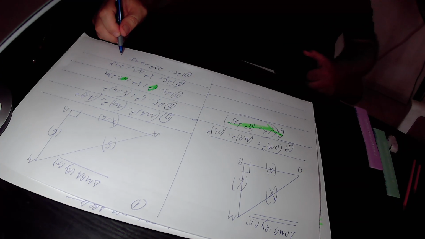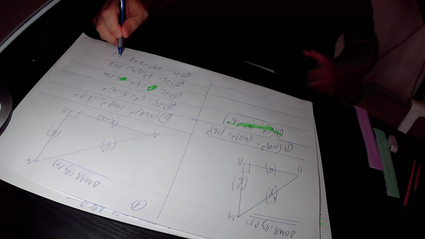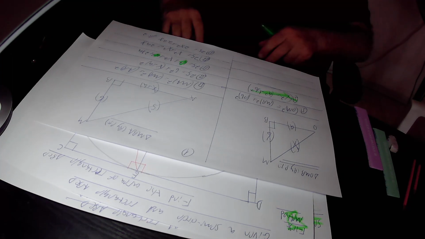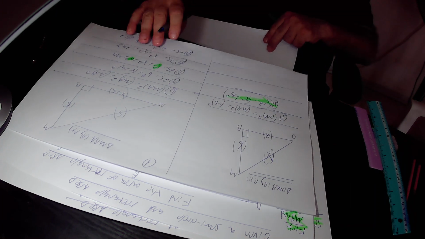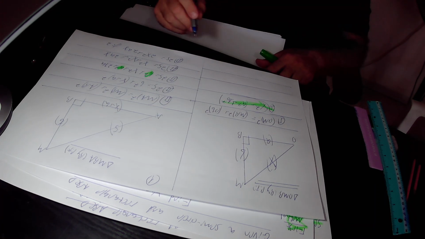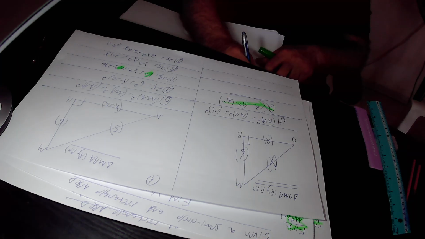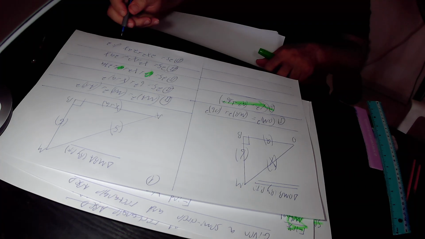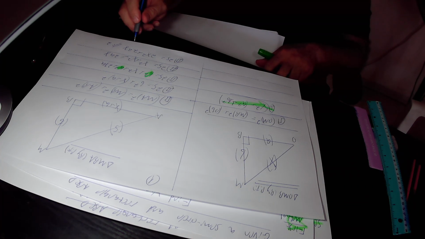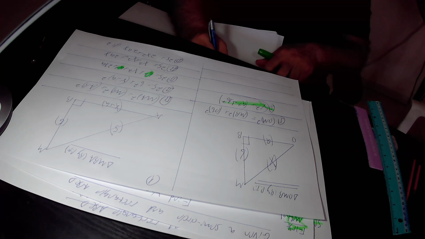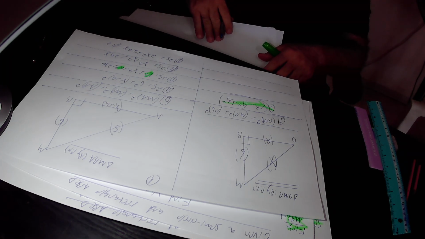Here we divide equation 2 by 2, and we get that 25 over 2 is 12.5, so 12.5 equals 2X square over 2, which is X square, plus 2AX over 2, which is AX.